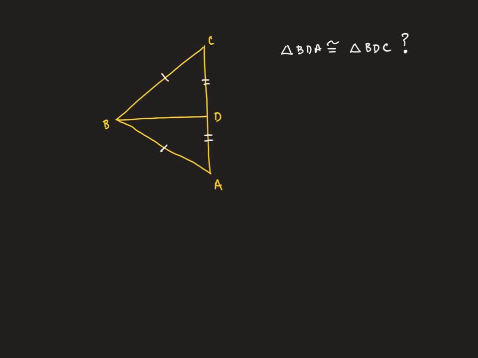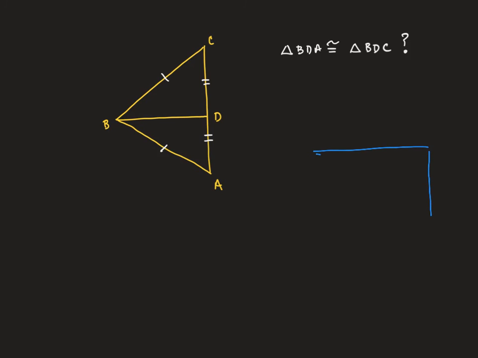So here, if we have this image, and it looks like triangle BDA is congruent to triangle BDC, yes or no? It's 50-50; I could be wrong, but I could be right if I say yes. Let's see. I'm going to separate them real quick.